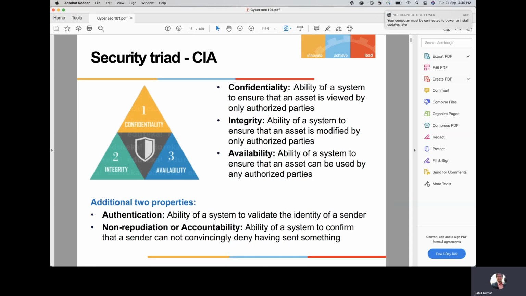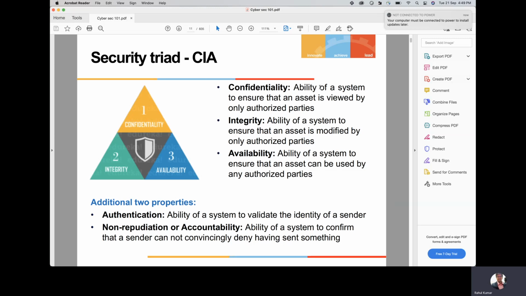Because if we only think about confidentiality, we might end up not ensuring integrity of the data or availability of the data. If we think only about integrity of our systems, then we might end up losing availability or precious data moments. So all three have to work in tandem to actually guarantee security of a system.